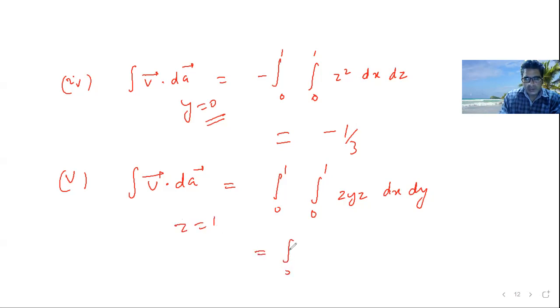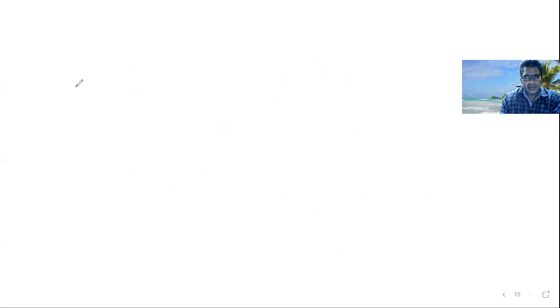See, it is 2yz dx dy, but z is 1. It will be 0 to 1, 0 to 1, 2y dx dy. Solve this integral, it will be 1. Now the last piece, sixth, which is the integral of v dot dA.